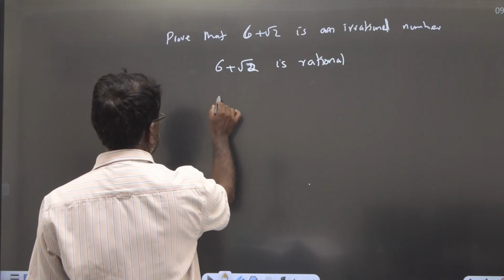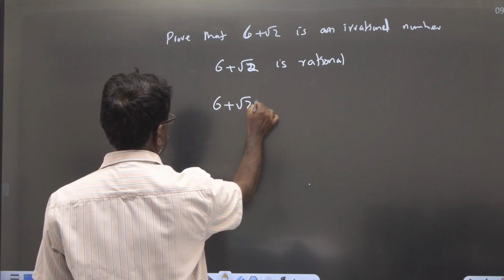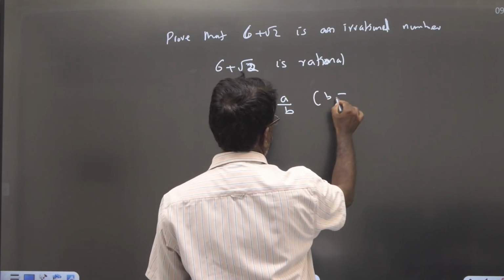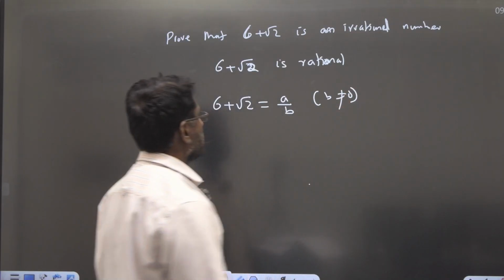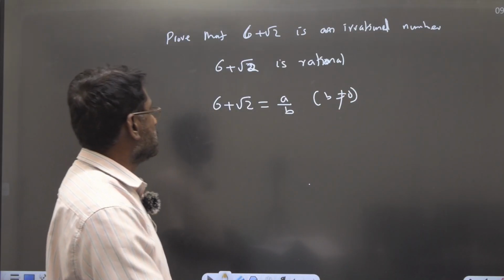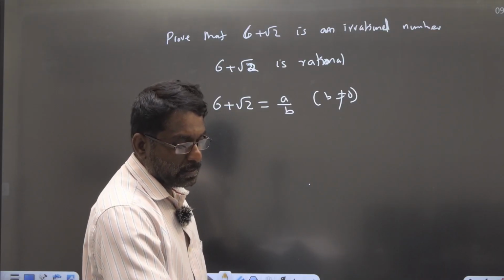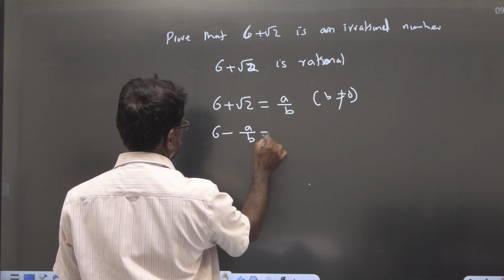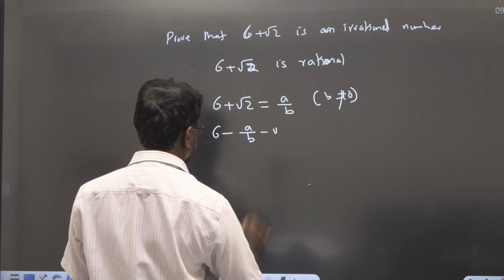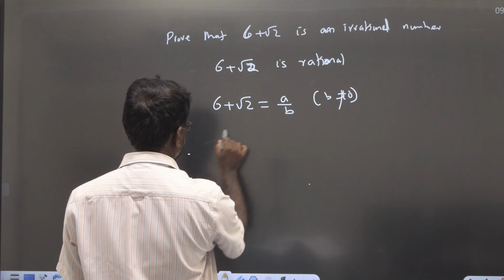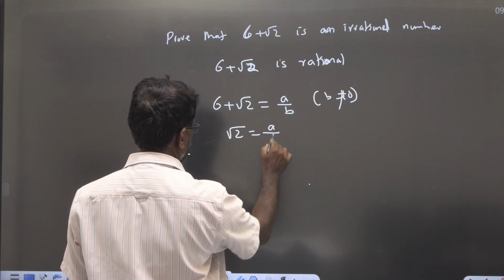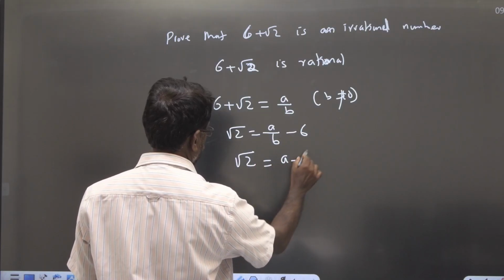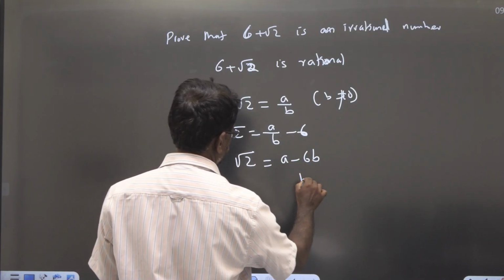So we can express this as 6 plus root 2 equal to a by b, because a by b is a rational number. That is, we can take root 2 equal to a by b minus 6.